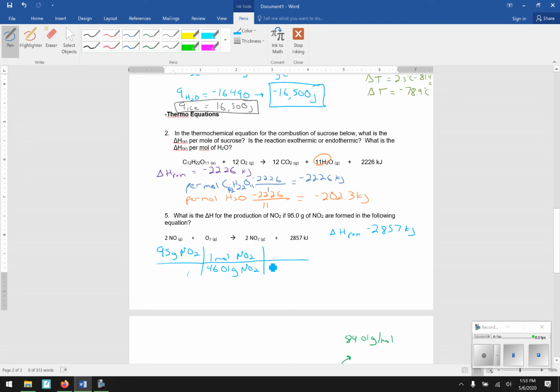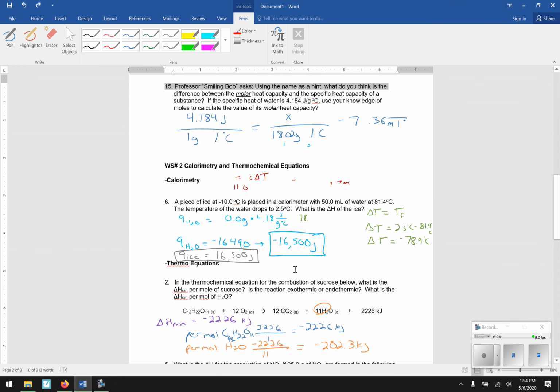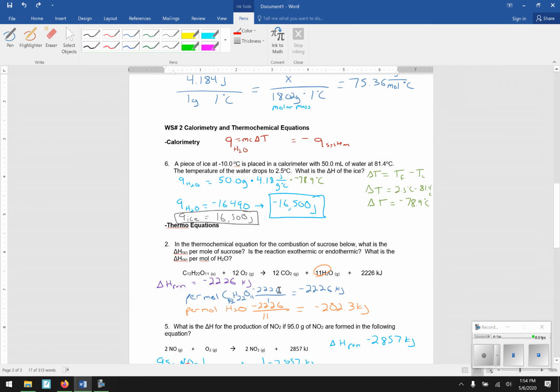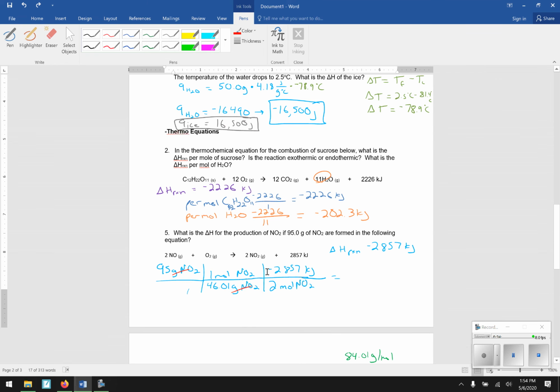So we're going to convert moles. We'll put 2 moles NO2 on the bottom and negative 28.57 kilojoules on top. And I did this whole thing as a conversion. I actually can cross out my units. And it's weird, but it works. Grams of NO2, moles of NO2, and you end up with kilojoules. I'm going to get rid of those cross-out marks so you can better see the thing.